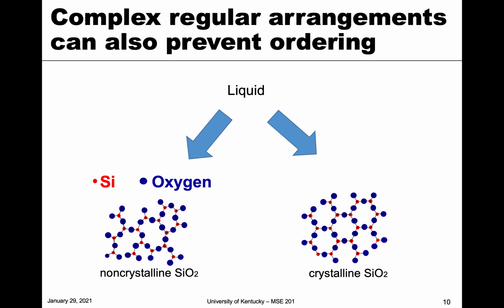Polymers have very complex arrangements, and those complex arrangements prevent the ordering of this structure, so it becomes more and more difficult. Polymers are very large molecules with very complex crystal structures, and that complexity prevents crystallinity from happening, so you're more likely to get this kind of disordered structure over here.